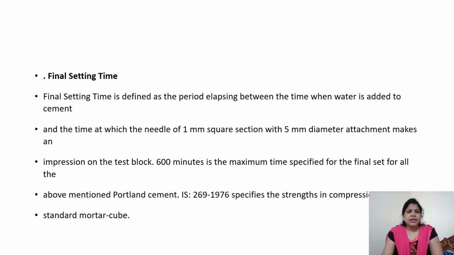Final setting time is defined as the period elapsing between the time when water is added to the cement and the time at which the needle of 1 millimeter square section with 5 millimeter diameter attachment makes an impression on the test block. Final setting time is 600 minutes. That is the maximum specified time for your Portland cement, which is mentioned in ISI.